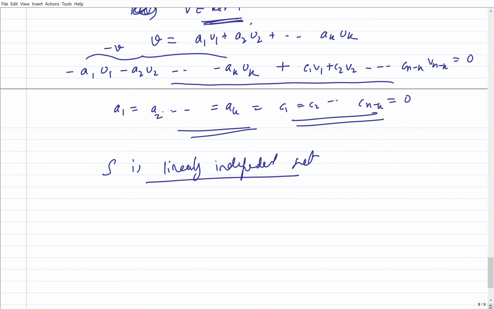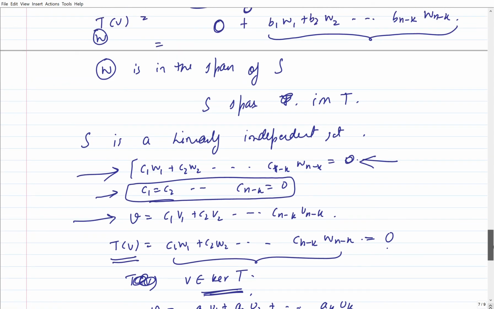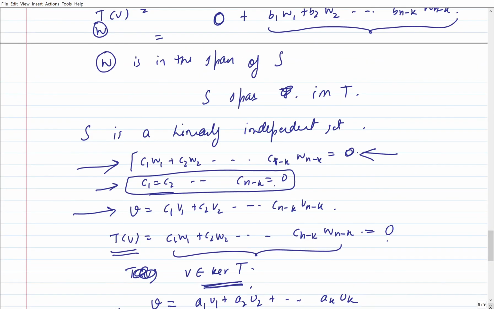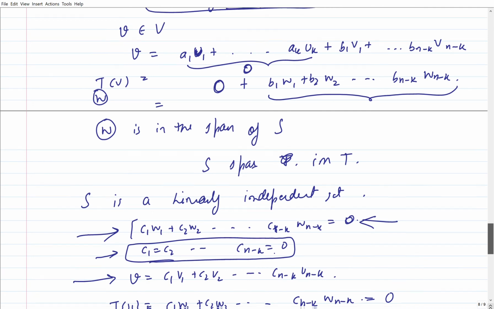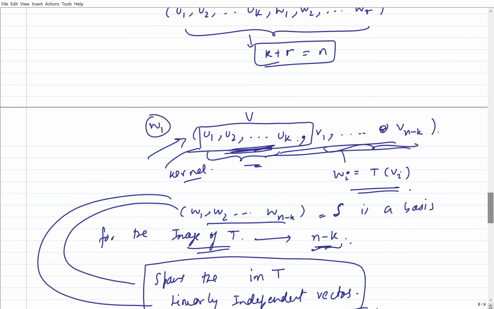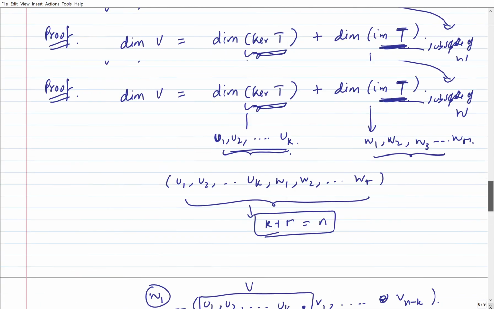S spans the image. So I started with the dimension of S to be n minus k. I've shown that this indeed is a basis for the image of T. Hence, the dimension of the image of T is n minus k. I started with the dimension of the kernel to be k. So the dimension of the image and dimension of the kernel add up to n. So this is the dimension formula.